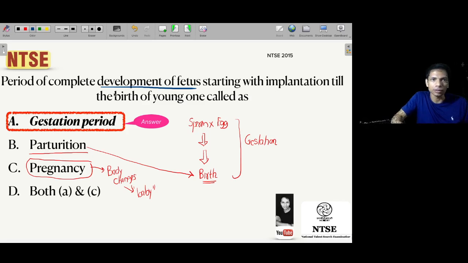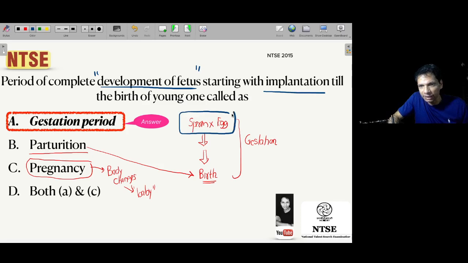Here it says the development of the fetus from the implantation, but to be more technically correct, from the time when the sperm and the egg fertilize and the zygote is formed, we can technically call that the gestation period. Okay. So we'll go to the next question.